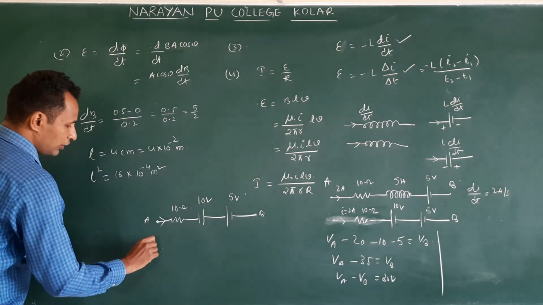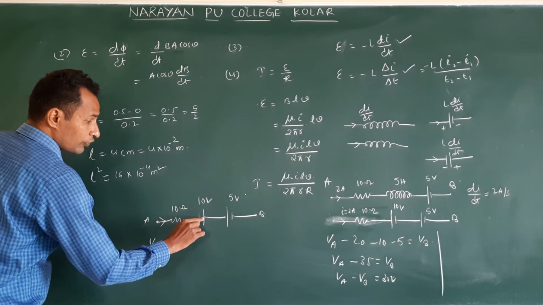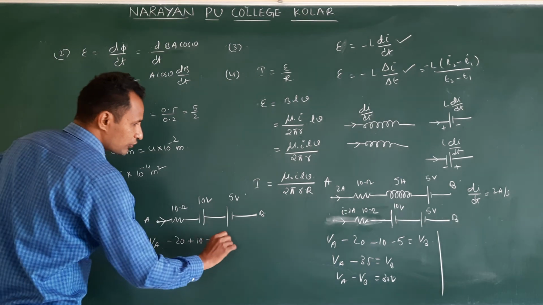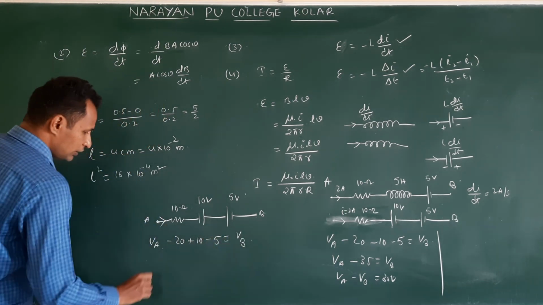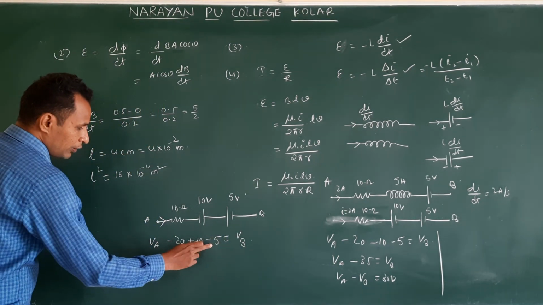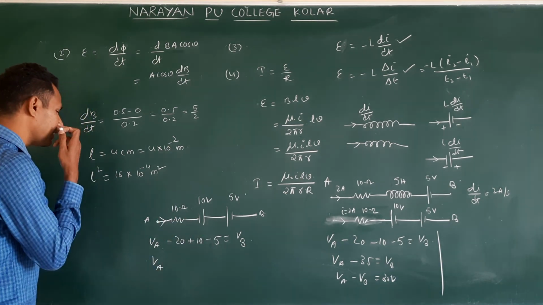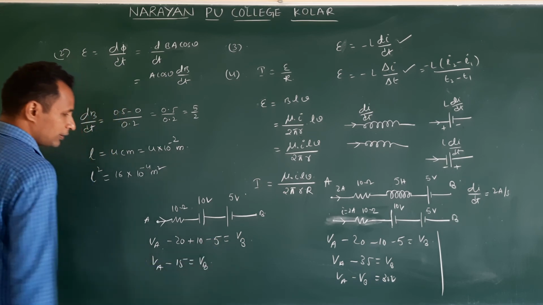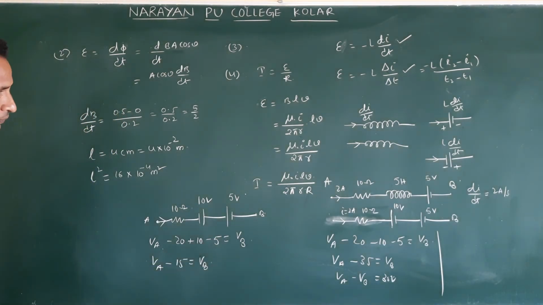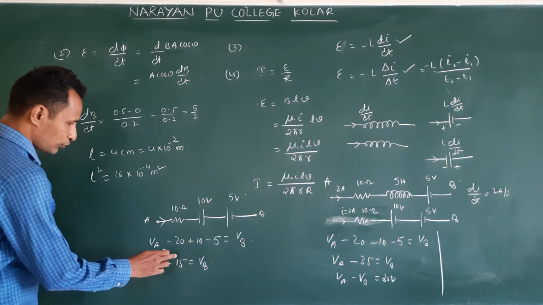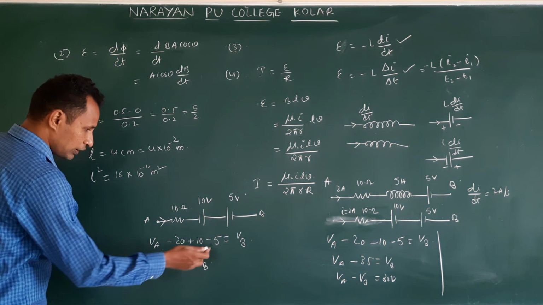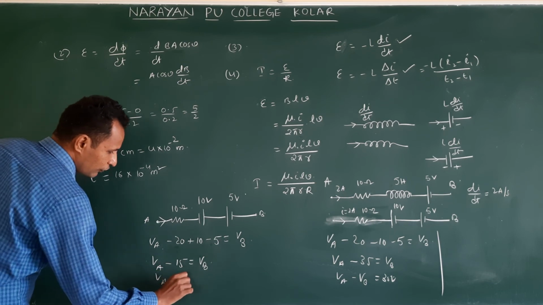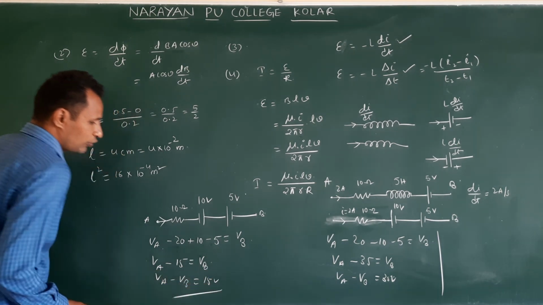Again VA 20, leaving the positive terminal plus 10, and leaving the negative terminal minus 5 is equal to VB. In this case, VA minus 20, minus 5, minus 25 plus 10, minus 15 is equal to VB. Am I correct? Only the 10 is decreasing, it is 25. Minus 25 plus 10, 15 only. Minus 15. VA minus VB is equal to 15 volts.